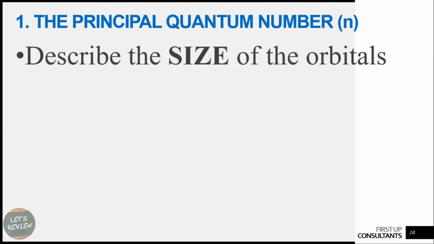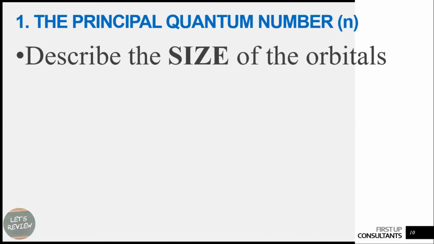Is it small or big? Remember that orbitals, as we review the Pauli exclusion, have a maximum number of electrons they can hold. The first orbital can hold only 2 electrons, if you can still remember that.